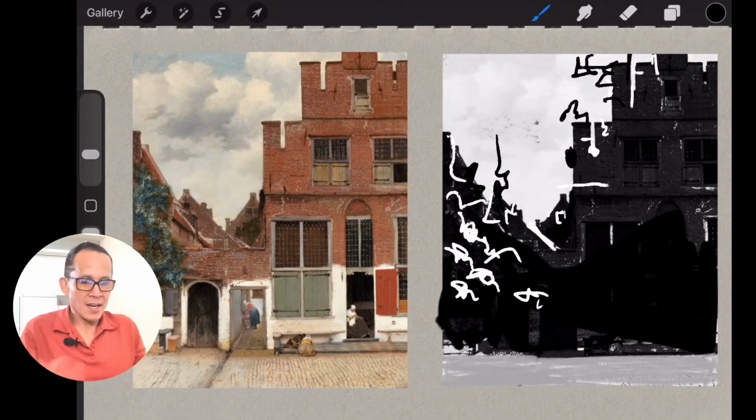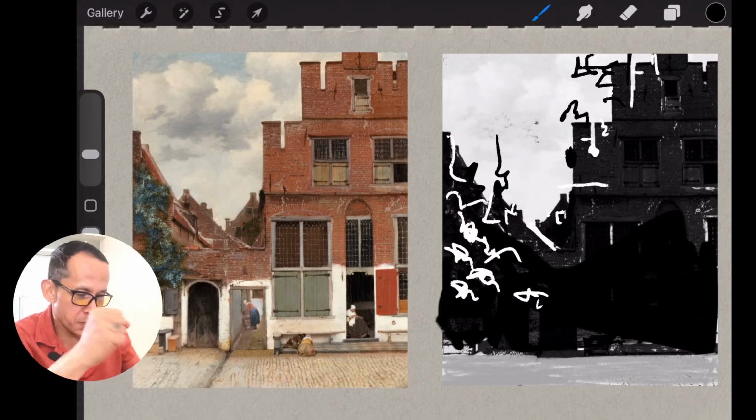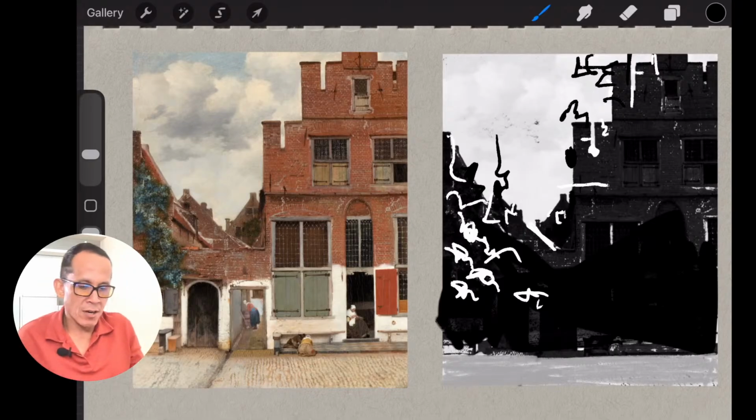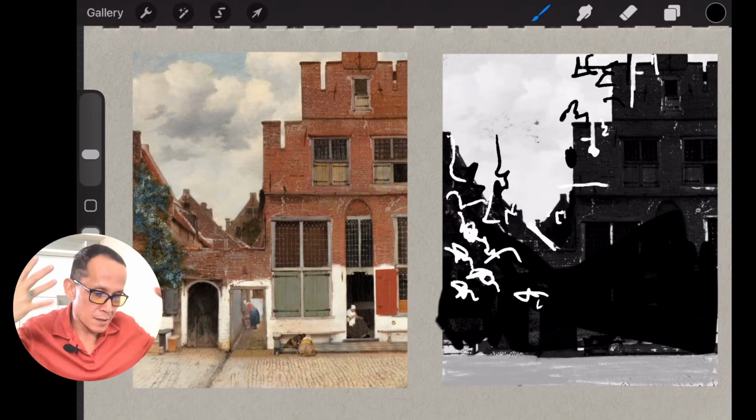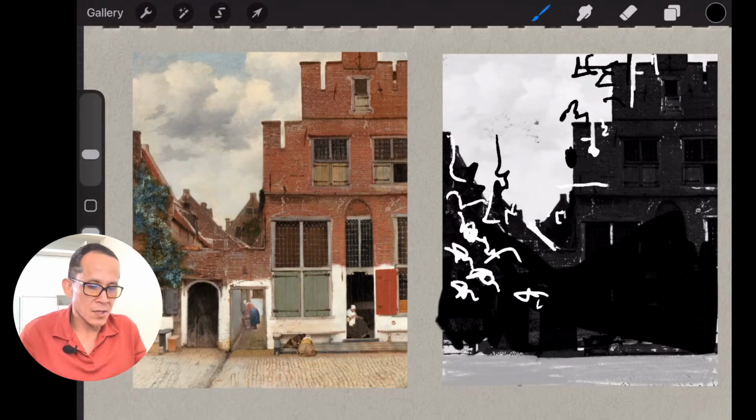You're like, I don't care about the gorgeously crafted hand that we just saw. I don't care about the gorgeously crafted figures. I don't care about that boy's brilliantly crafted costume. I don't care about that gorgeously crafted perspective in the street. I don't care about that gorgeous line work in the bricks. I don't want to look at it because it's so ugly now.